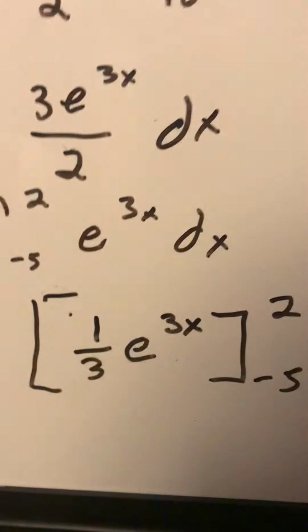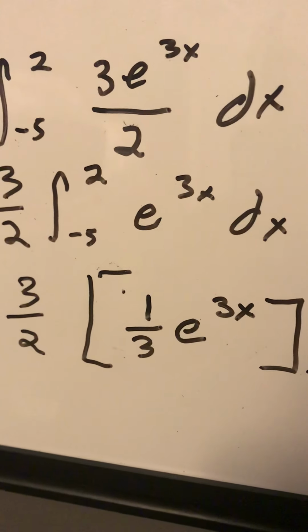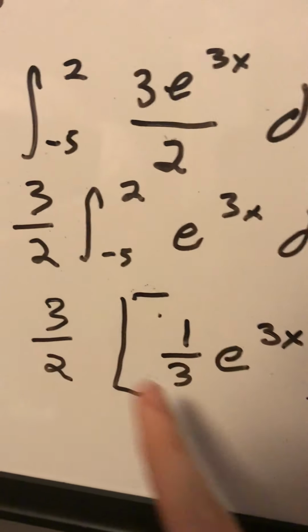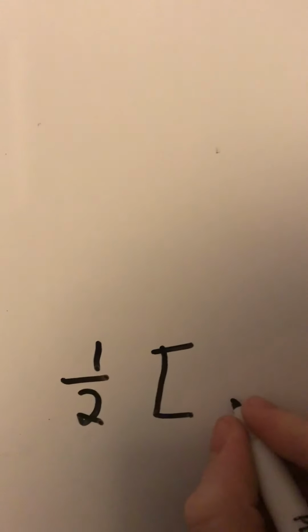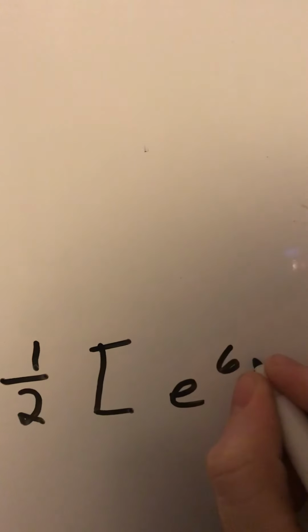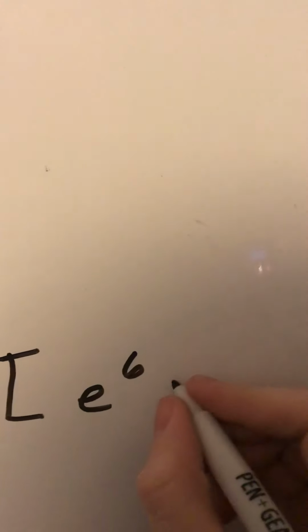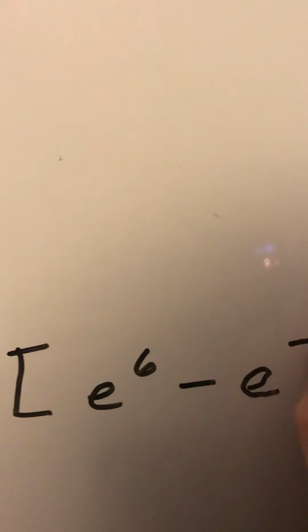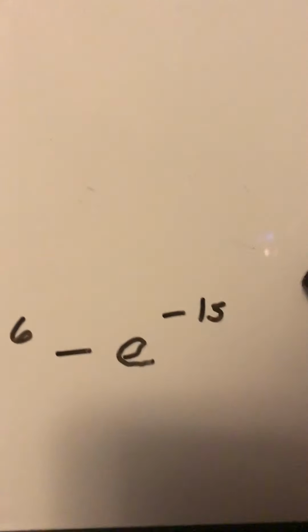And this ends up being 1/2, because these 3's are going to cancel out, so you have 1/2 times e to the 6 minus e to the -15.